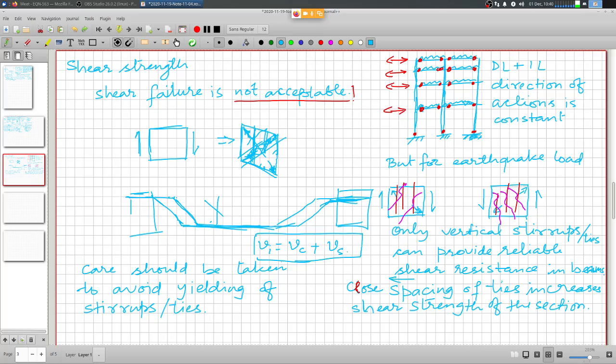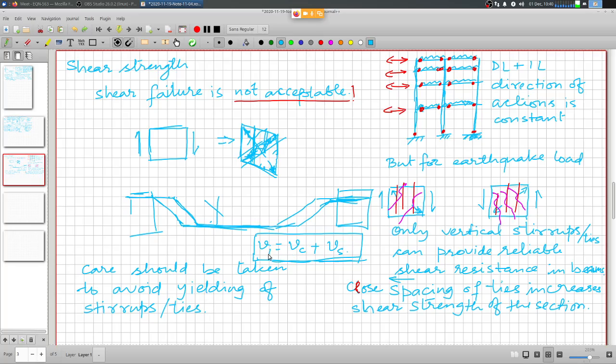So in case of plastic hinge region, the concrete capacities are assumed to be zero, and entire shear strength then comes from the reinforcing steel, and that of course depends on what is the pitch of the ties and what is the area of steel that is being provided at what interval, and so on.